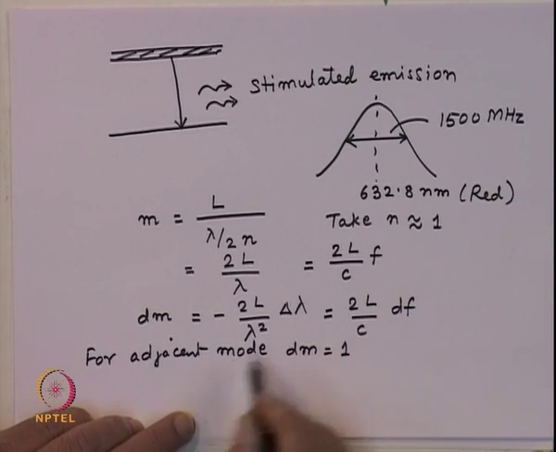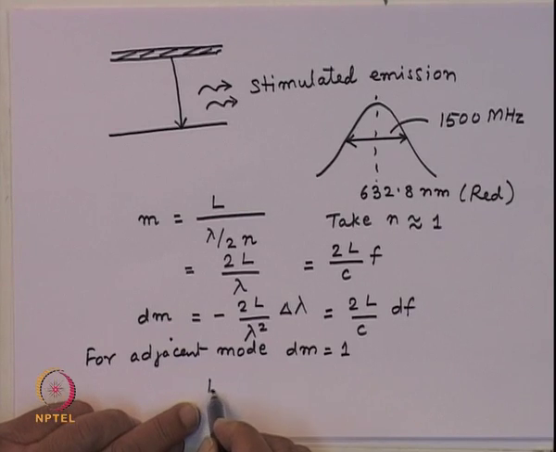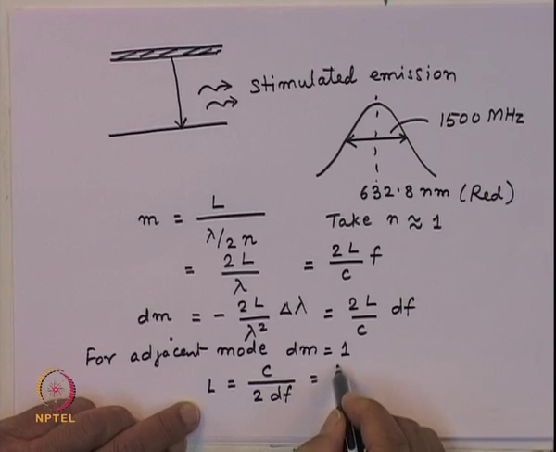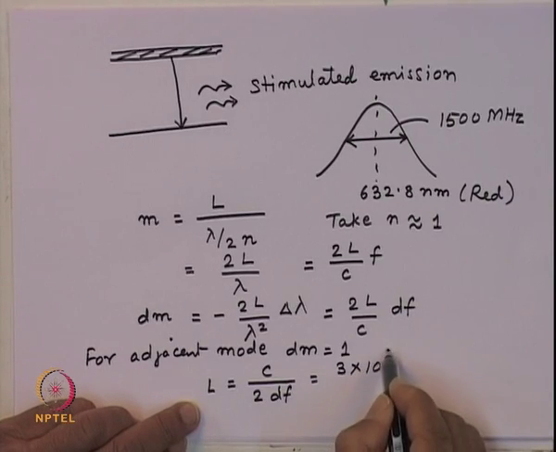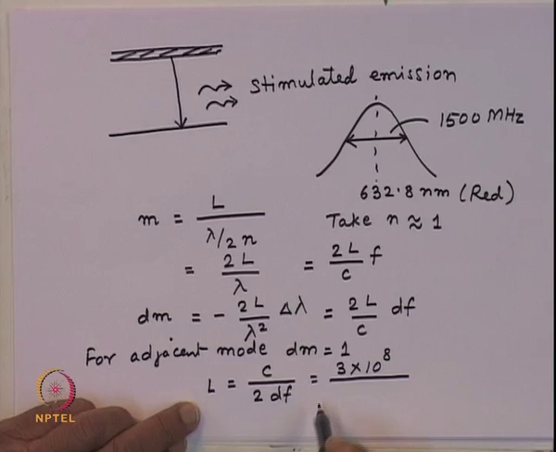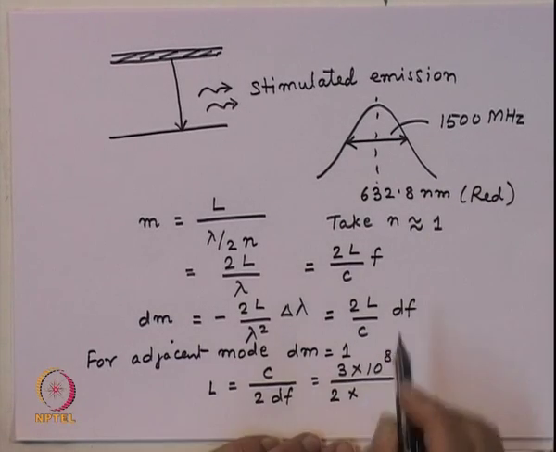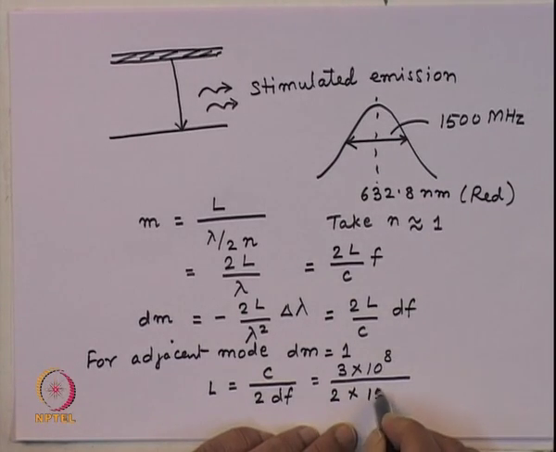So, you will get from here L, which is c divided by 2 df, which is equal to 3 into 10 to the power 8, the velocity of light, divided by 2 into the transition bandwidth, which is 1500 multiplied by 10 to the power 6 for megahertz, and meters.